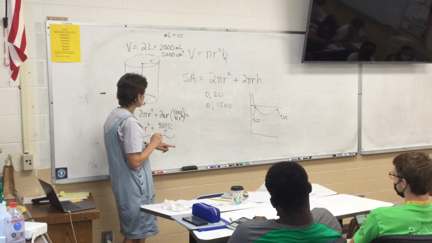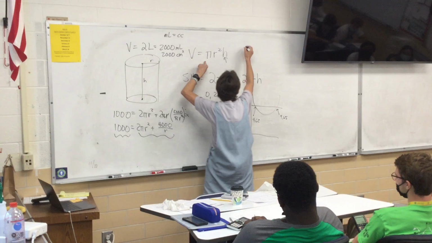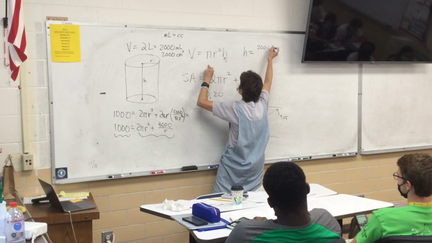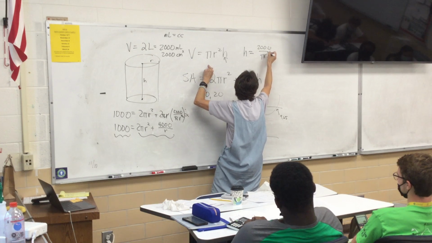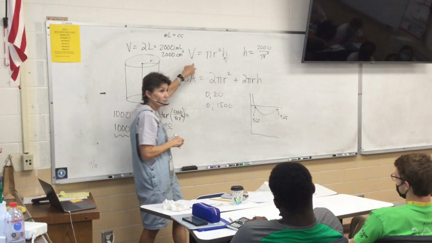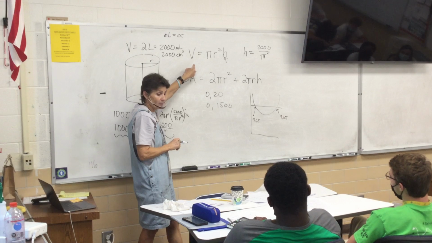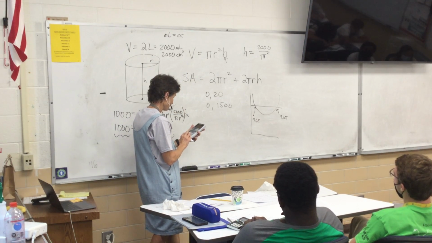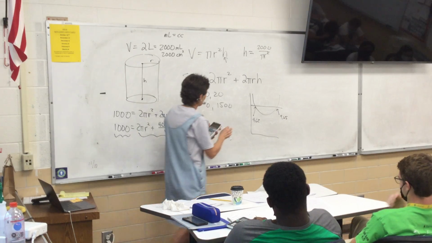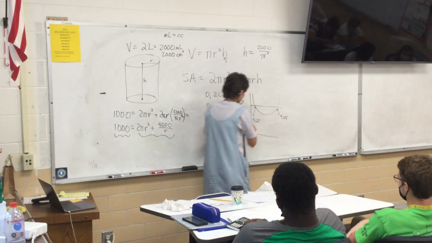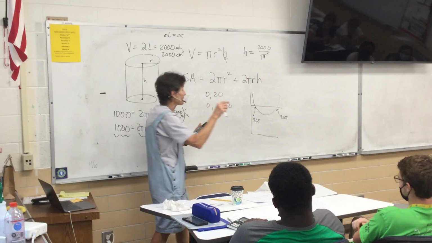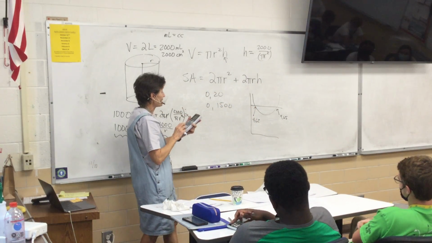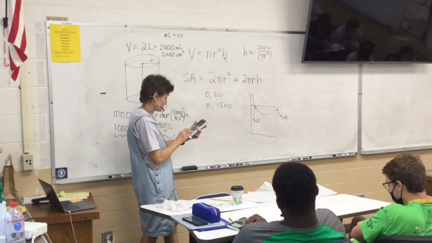Well, I erased it, but didn't we say that the height was 2,000 divided by pi r squared? Isn't that what we used as our height substitution? So we'll take 2,000 and divide it by pi times 4.62 squared. Be careful. When you're dividing by two things, you gotta have it in parentheses.